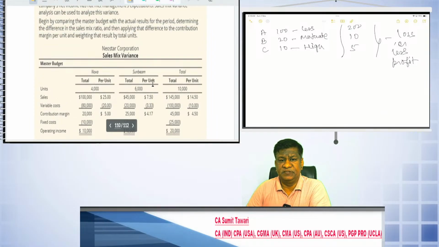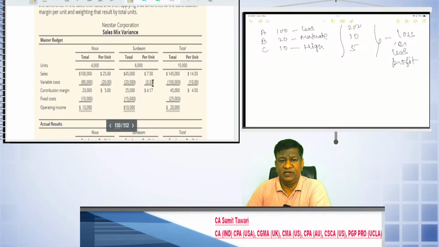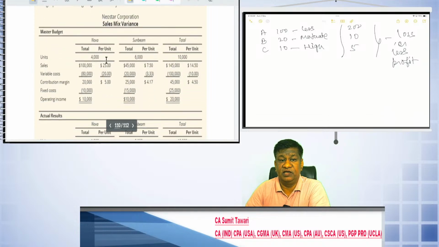Budgeted is basically 4,000, 6,000, and the total is 10,000. Here we are able to earn 10,000, and here we are able to earn 10,000. Total is 20,000. We need to focus on the contribution margin of 5 per unit and 4.17 per unit.